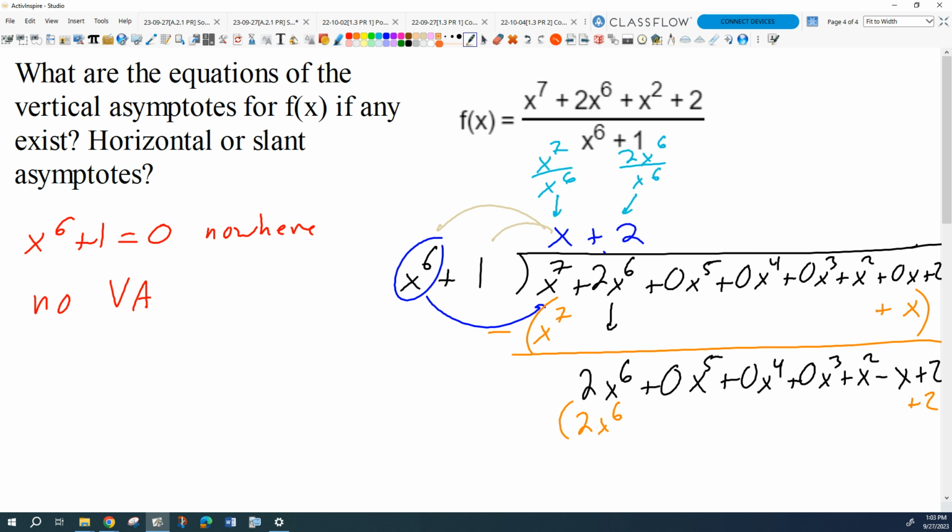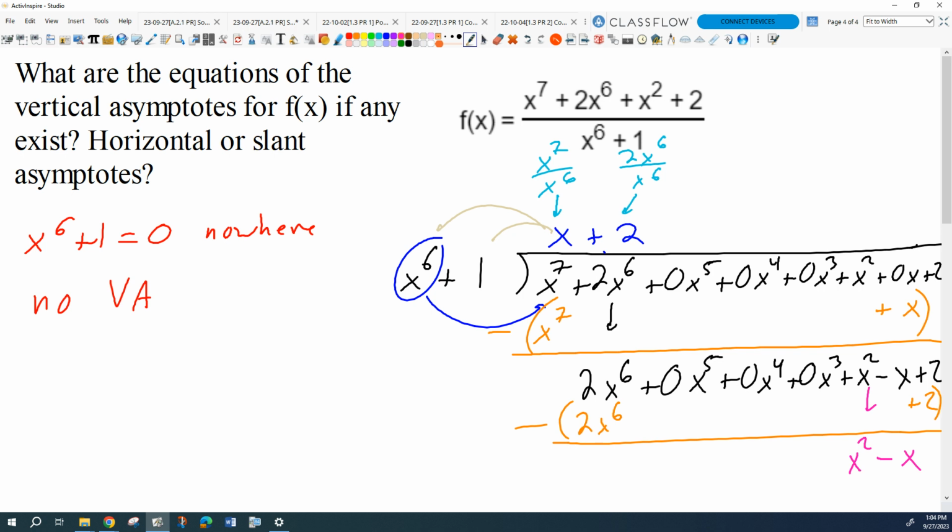Put parentheses around the whole thing and subtract. And what do we get? Those cancel. That's a 0, so we can ignore it. That's a 0. That's a 0. We're going to get an x squared minus x. And that's it, right? So that's our remainder.